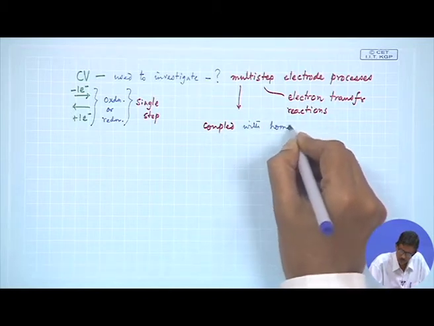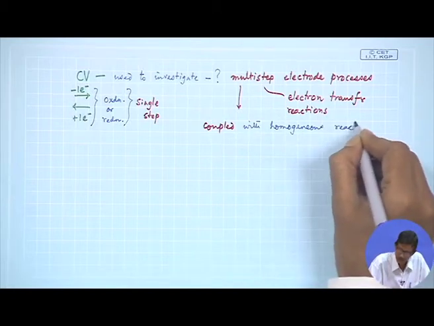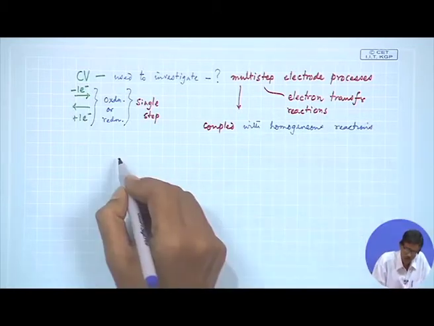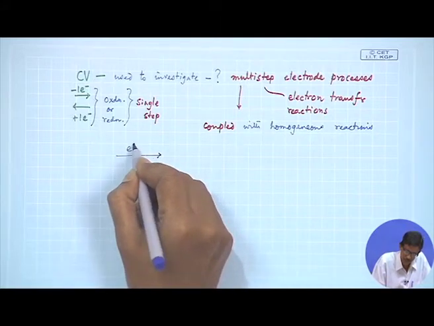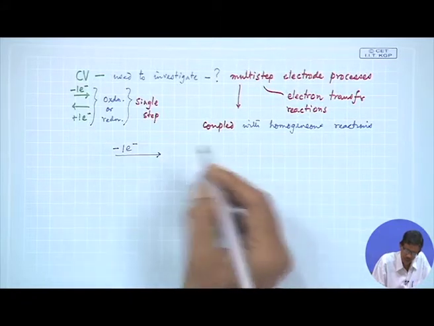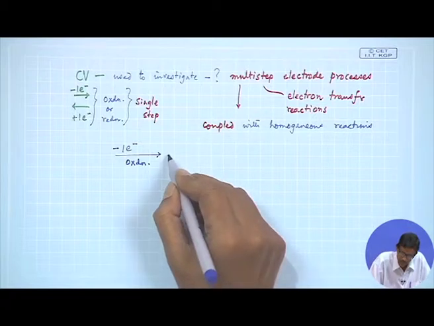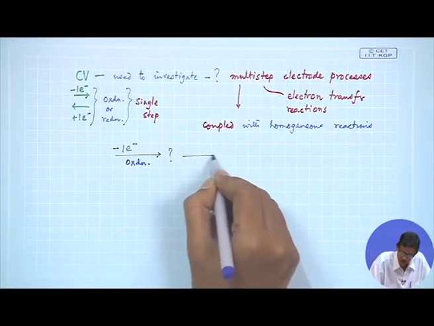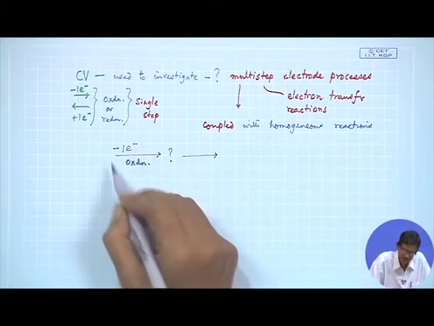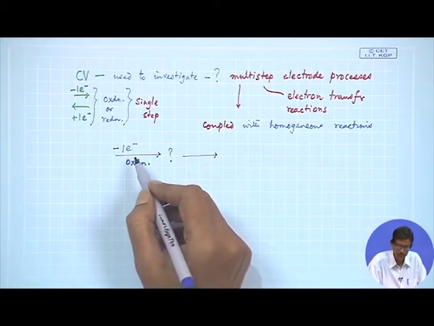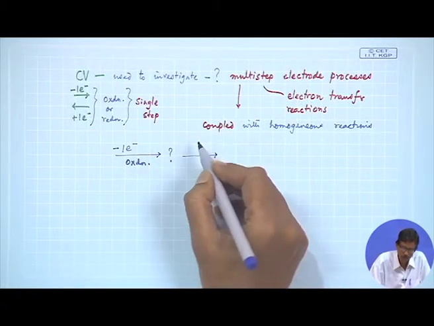That means if there is some electron transfer reaction, one electron reduction or oxidation, whatever species is produced over there will have some preference for some reaction. If there is a mixture of isomers, we will see now how we can detect the two isomers within a solution.